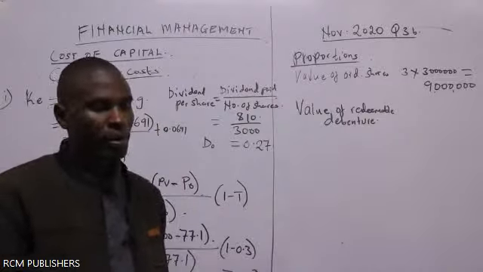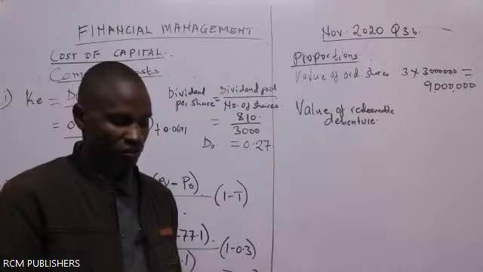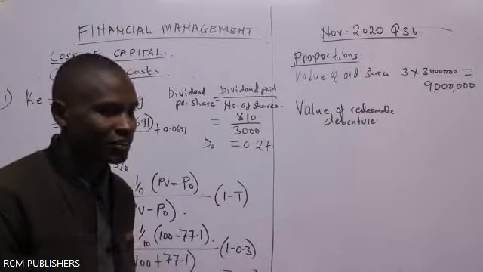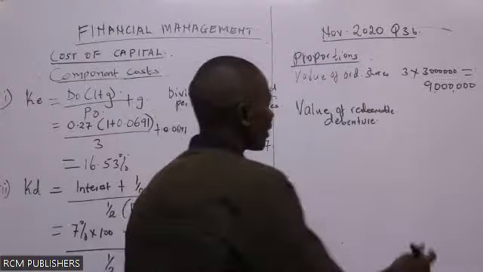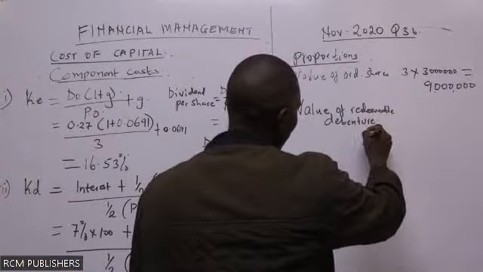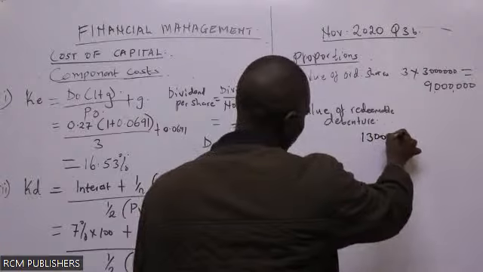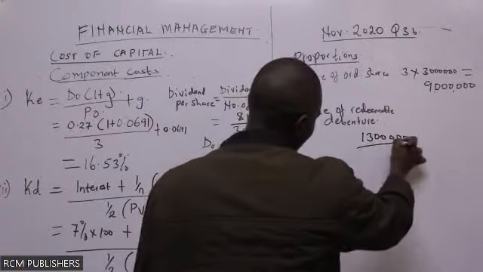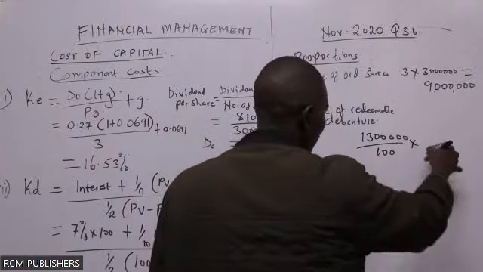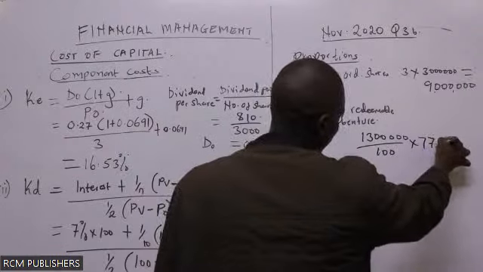And then the par value has changed, and we also have the market value of 77.1. Therefore, our value will be whatever we had, divided by the par value, multiplied by the current market price of 77.1.